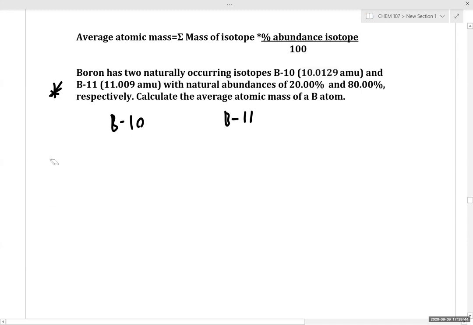Solve this problem the exact same way that I showed you in the earlier example. Fill in the percent abundance and the mass, and then plug your results into the average atomic mass equation. Take about 3 to 4 minutes to calculate the average atomic mass of boron.